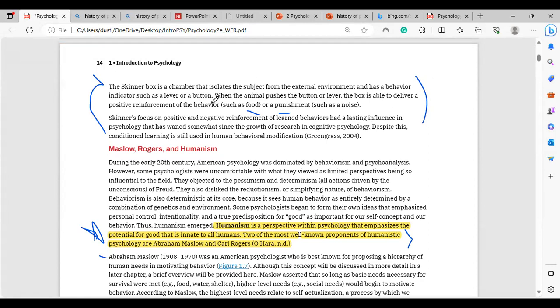So Skinner focused on positive and negative reinforcement. If you're in education, you understand the ways of such behaviors, and what happens with a negative reinforcement or a positive reinforcement, from either path, right? So despite this, at the end of the day, conditioned learning is still used in human behavioral modification.